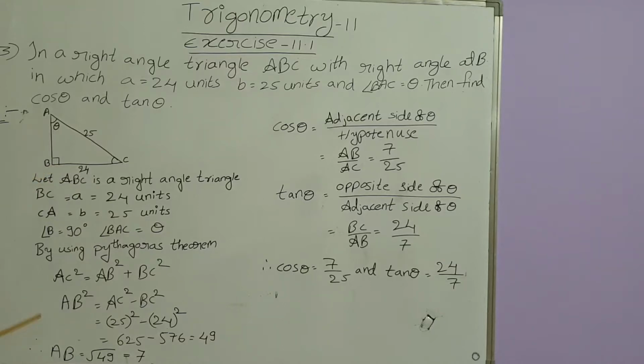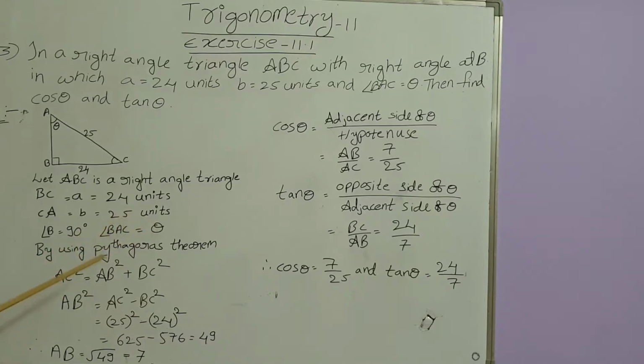Let ABC be a right angle triangle where BC is 24 units and CA is 25 units. Angle B is equal to 90 degrees and angle BAC is equal to theta.